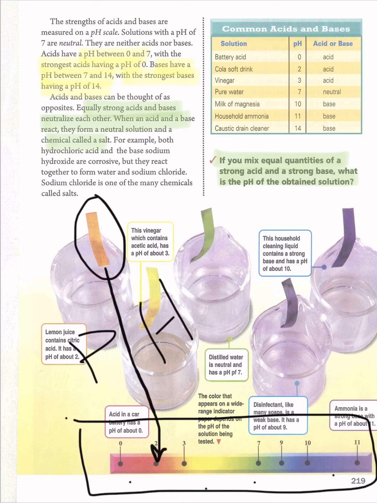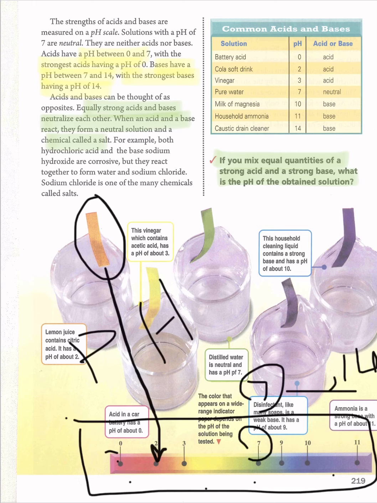It means if it's here, the compound is an acid, because an acid's pH is between 0 and 7. A base's pH starts from 7 to 14. It means when a chemical compound has a pH between 0 and 7, it is an acid. When a chemical compound has a pH between 7 and 14, it is a base.